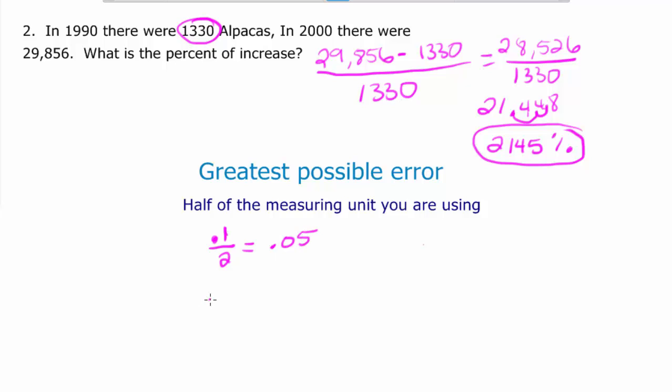If you rounded something to the nearest hundredth, it'd be 0.01 divided by 2, which is 0.005, so your error would be smaller. If you're rounding to the nearest whole number, it would be 1 divided by 2, which is 0.5. We'll do some examples here.